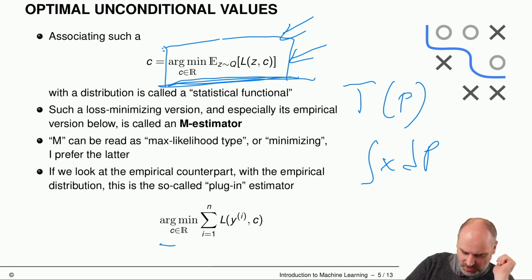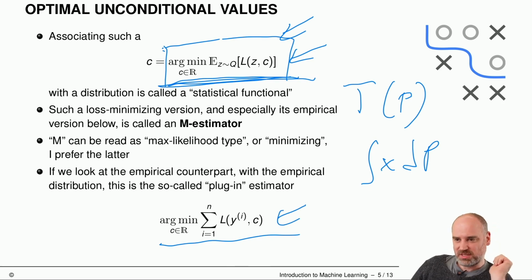And some people say, well, it's an estimator, so we should do this empirically, and then they call that an estimator. I'm going to call both things an M estimator. The M is unfortunately a little bit vague in meaning. Some people say it means maximum likelihood type. I guess it's a little more intuitive to say it means minimizing, like solving some form of minimization problem. This was invented by Huber, a pretty famous statistician who was also very interested in robust statistics, in the 60s, around 64, 65.